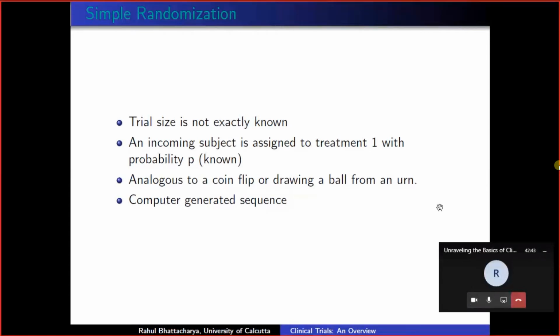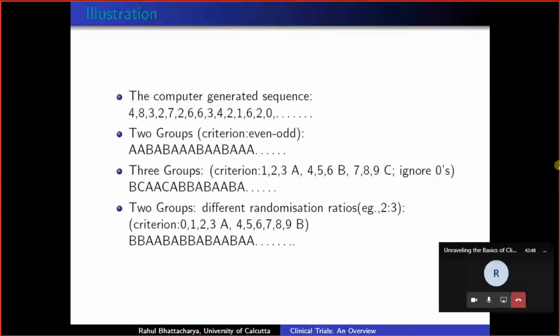We need to create two groups, that is, assign treatment A and treatment B. The criterion is that for even numbers you use A, and for odd numbers you use B. So whenever a patient comes, you find the patient number. If the patient number is even, he is assigned to treatment A, and if the patient number is odd, he is assigned to treatment B. So this is how a computer generated sequence is used. For every patient, some number is generated, and depending on whether it is even or odd, treatment A or B is assigned.